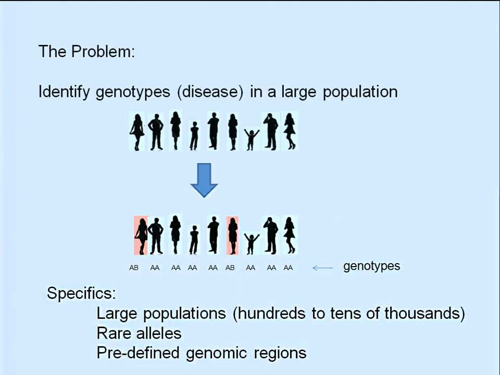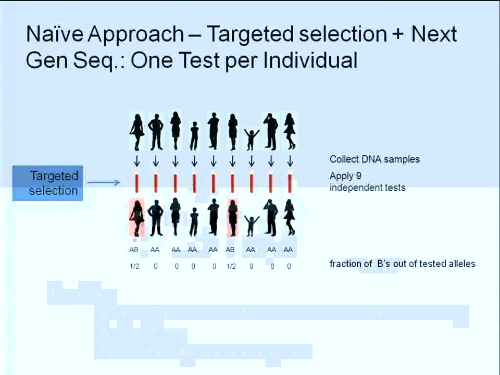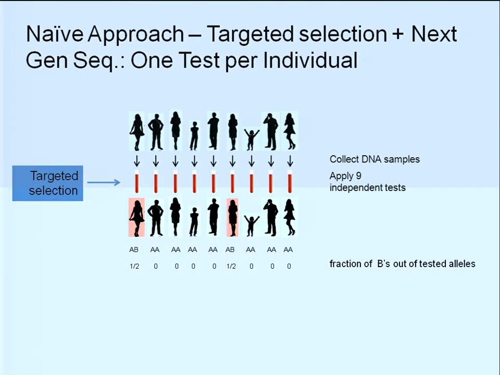All right, so that's the problem. The standard approach is simply to take a sample from each individual. Then there are new experimental protocols to target the regions you're after. For example, if it's just one region, you can use PCR as an amplifier. If there are more regions, there are hybridization solutions that enable you to enrich for the DNA regions you're interested in.